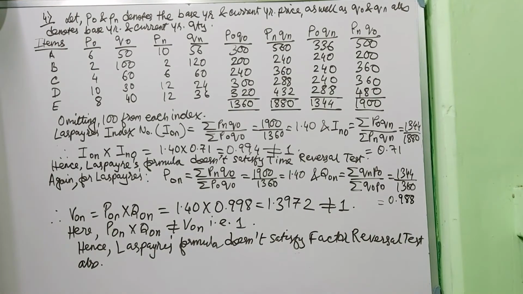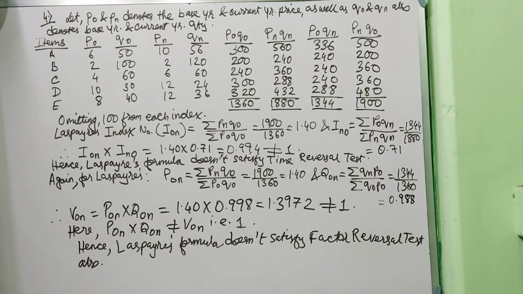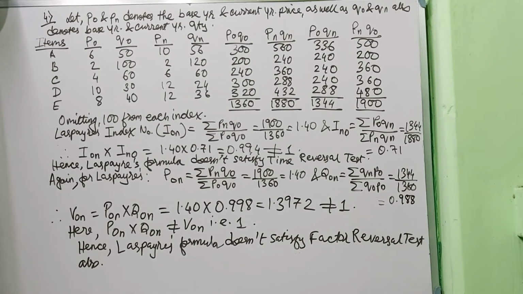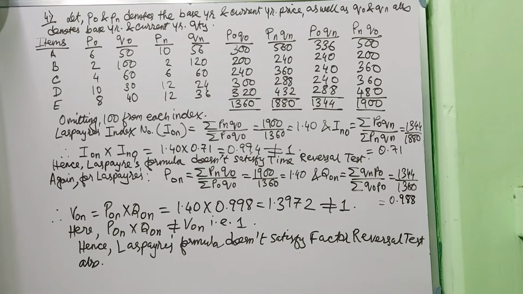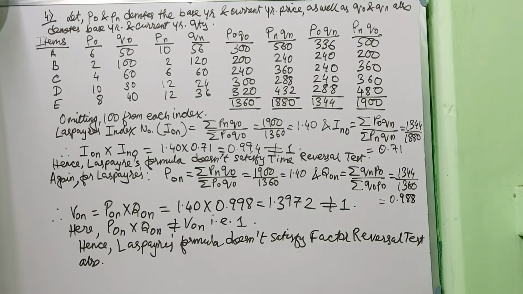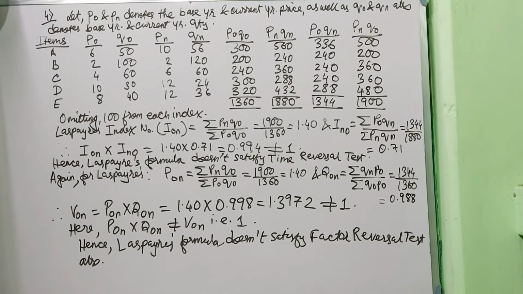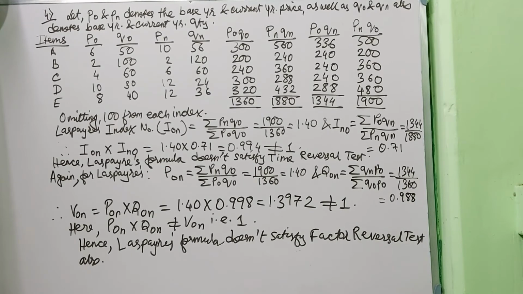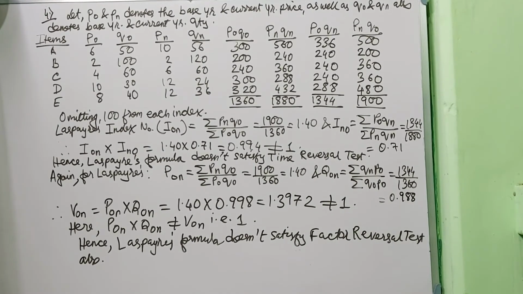So on that basis, ION is not equal to INO. Obviously it is not equal to 1. If it is equal to 1, it satisfies the time reversal test. Same case for factor reversal test, means price formula remains the same and quantity changes, means Q0n is summation of Q1 Pn P0 by summation of Q0 P0, which is 0.988.